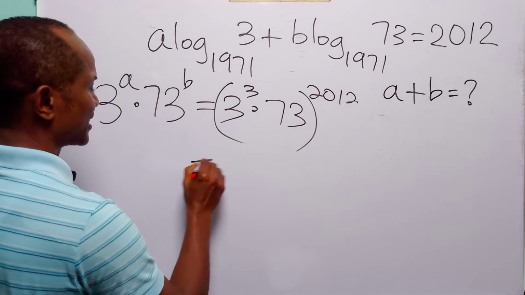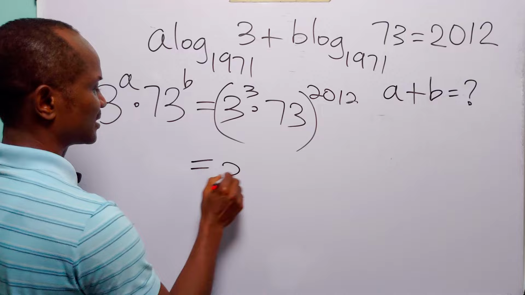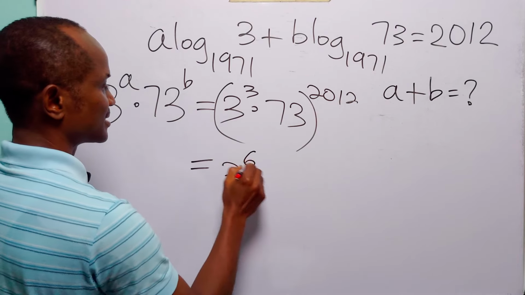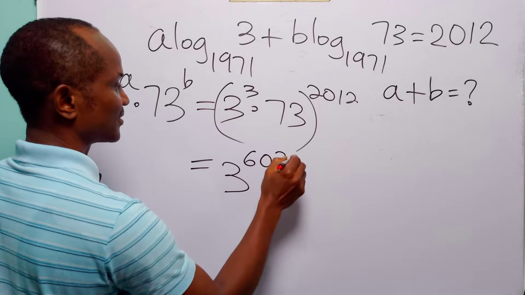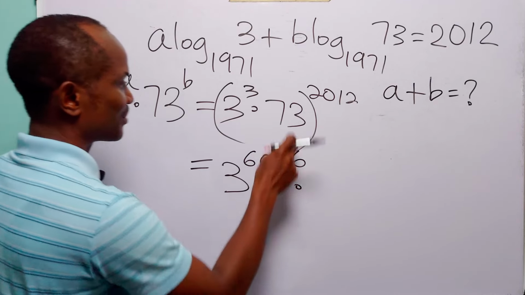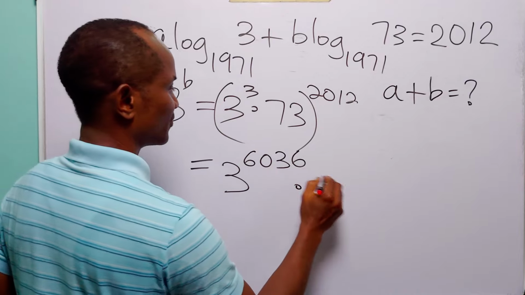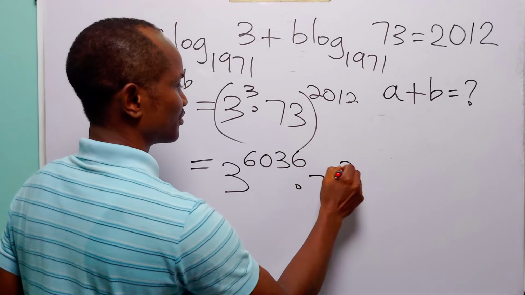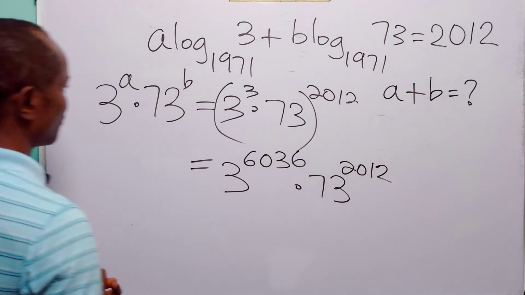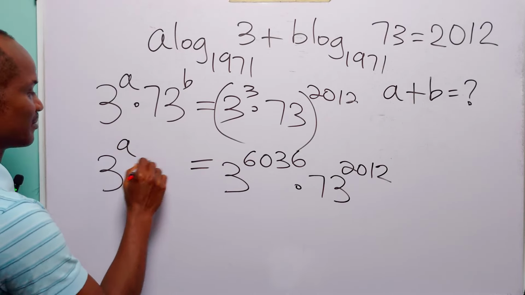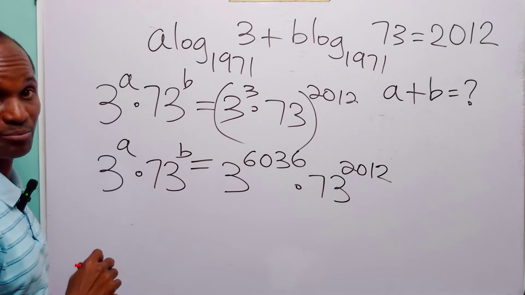Now, opening this bracket, on the right-hand side we have 3 to the power 3 times 2012, that is 6036, multiplied by 73 to the power 1 times 2012, that is 73 to the power 2012. And of course, this is equal to 3 to the power a multiplied by 73 to the power b.